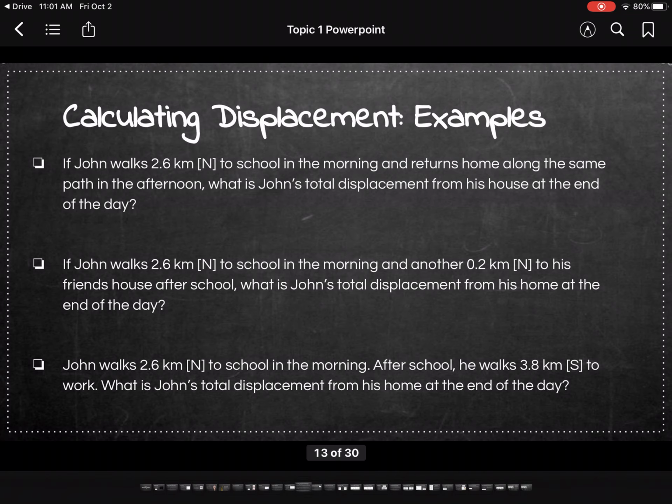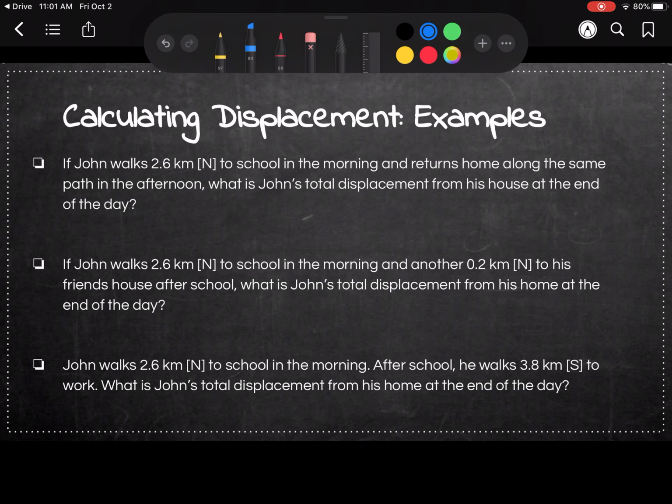So if John walks 2.6 kilometers north to school in the morning and returns home along the same path in the afternoon, what is John's total displacement from his house at the end of the day? This is the exact same thing as my example, but we'll do it with numbers. So he walks 2.6 kilometers north. We want to put a positive because that's what north is.